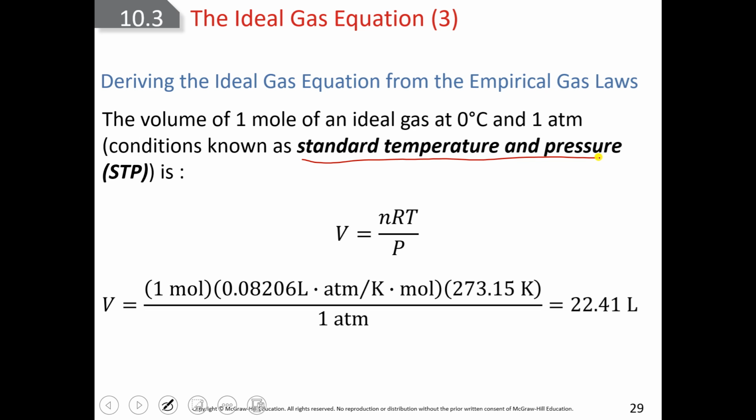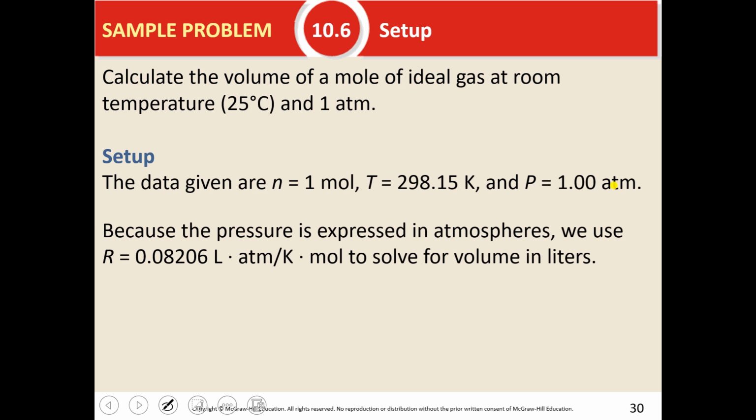By definition, that means 0 degrees Celsius and 1 atm. So at standard temperature and pressure, if we're talking about gases that are behaving ideally, we're going to have 1 mole equals 22.4 liters. That's how we're going to get to moles in that particular scenario.